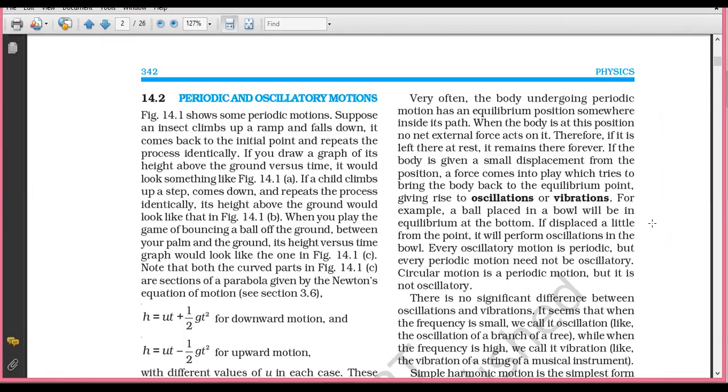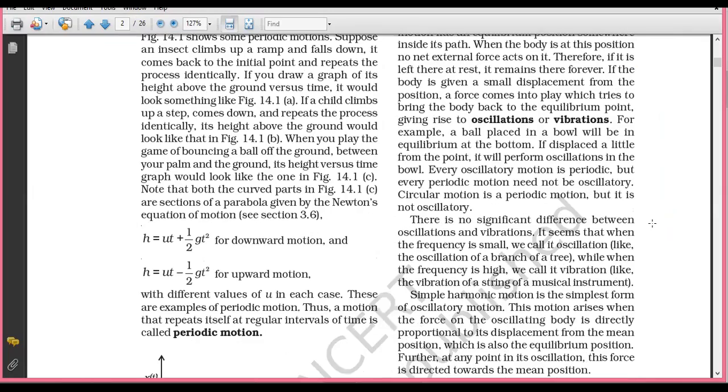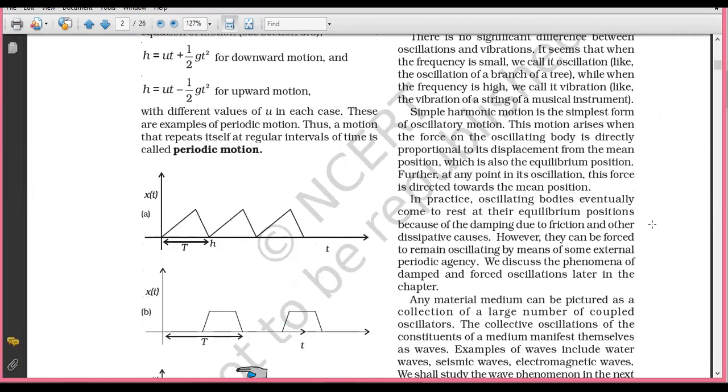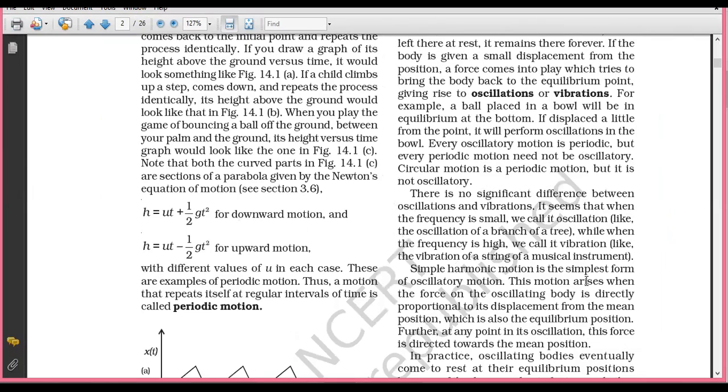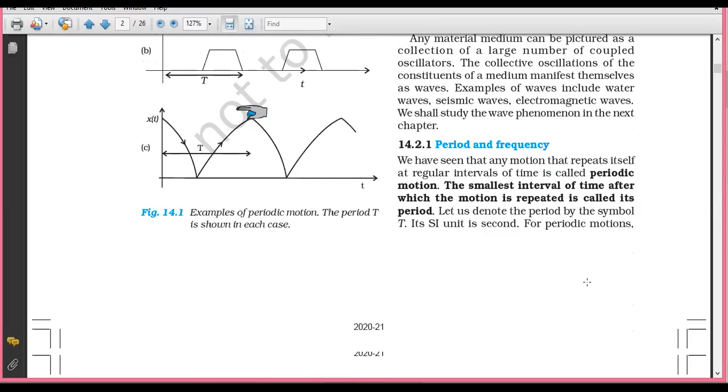They have given a lot of other derivations, which are not required in this particular chapter. Period and frequency, you know what it is. These are all theories only, you can read through it, nothing very difficult.